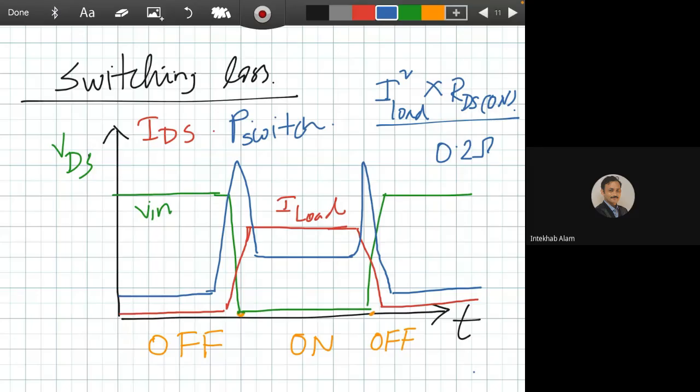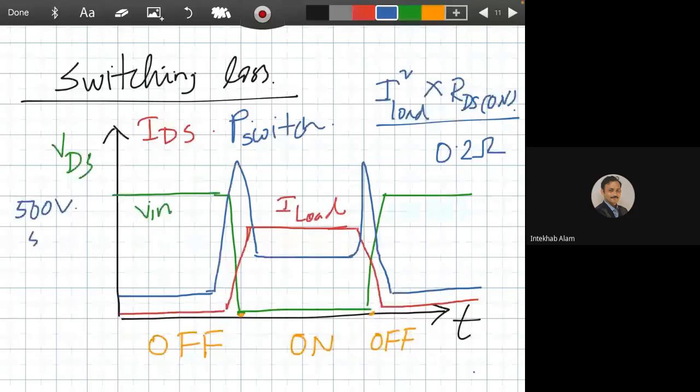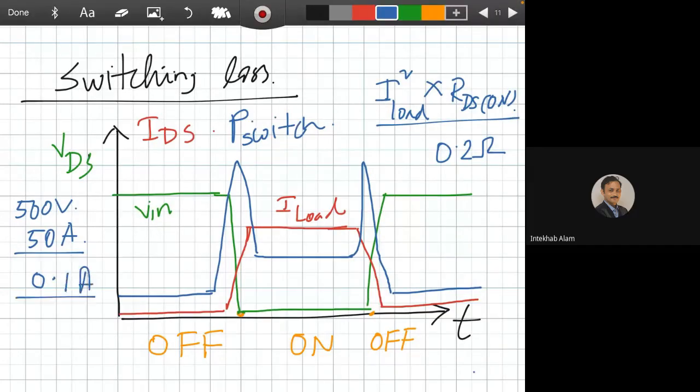So let's consider a load with 500 volts and 50 ampere. The leakage current is in the order of 0.1 ampere.